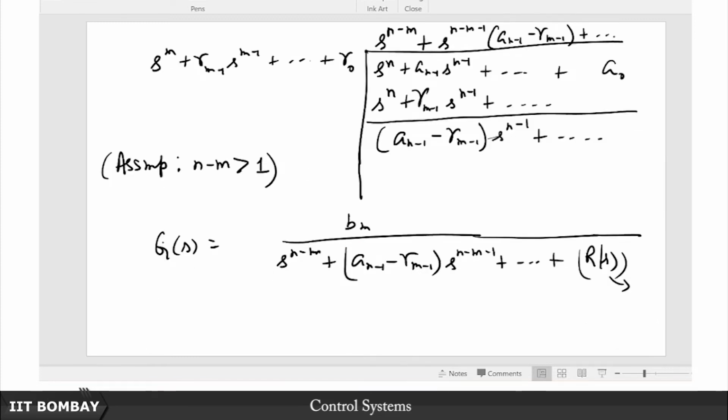Now notice that if I am going to approximate this with a transfer function, something like this.